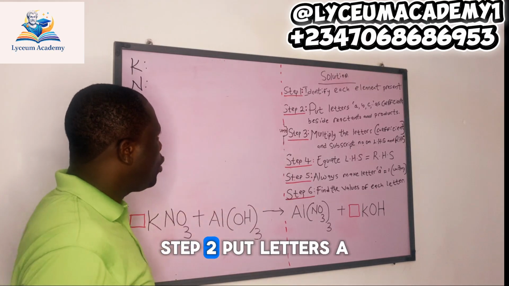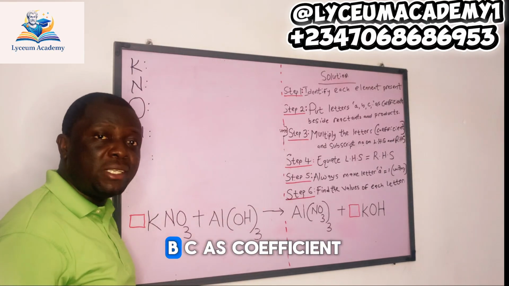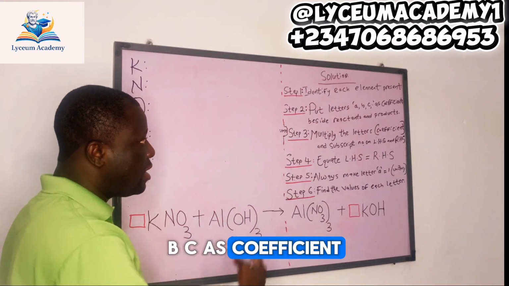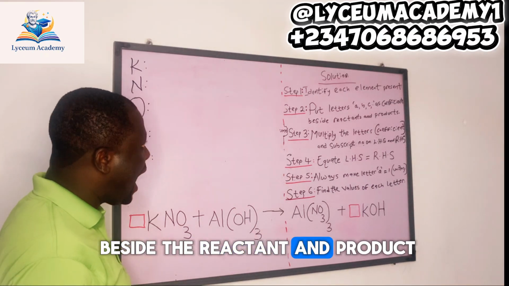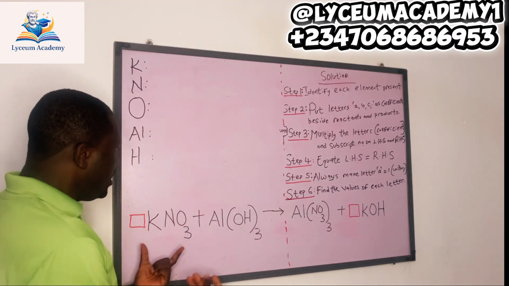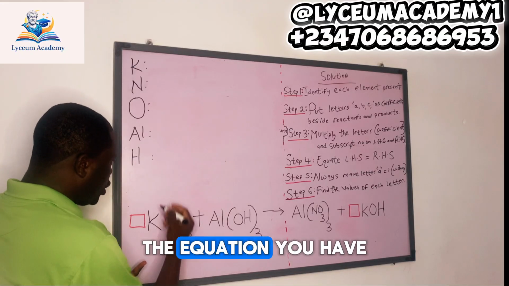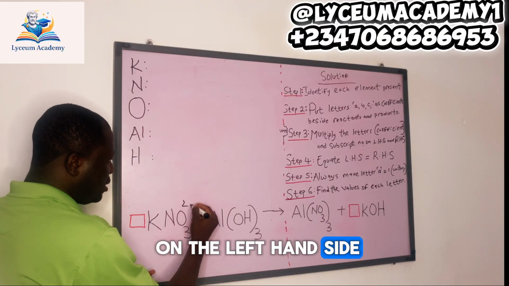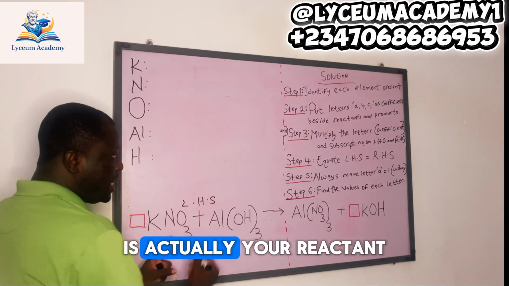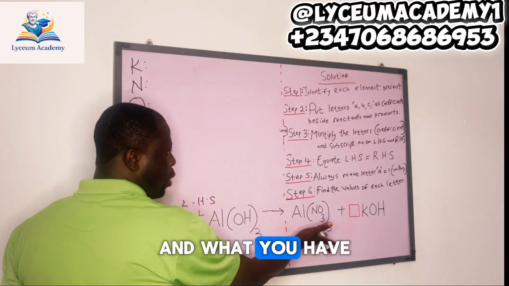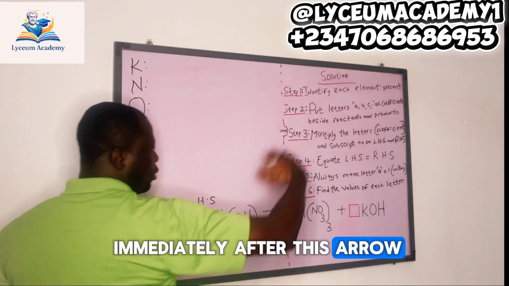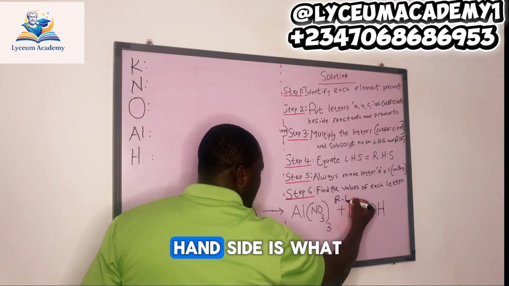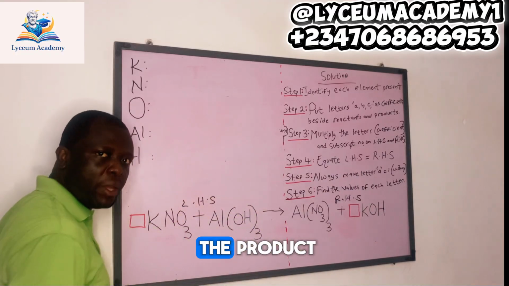Step 2: put letters A, B, C as coefficients beside the reactants and products. What you have on the left-hand side is your reactant, and what you have immediately after this arrow, which is the right-hand side, is the product.